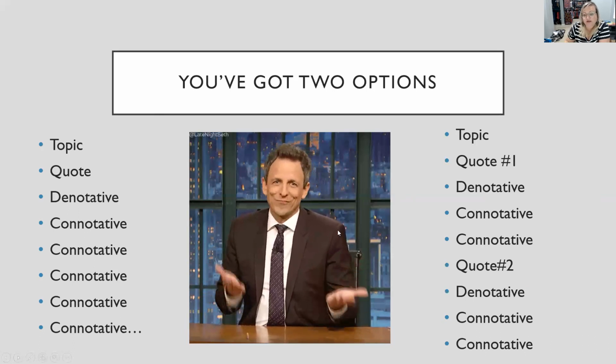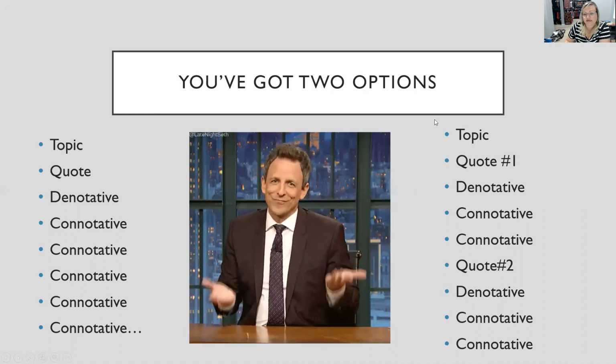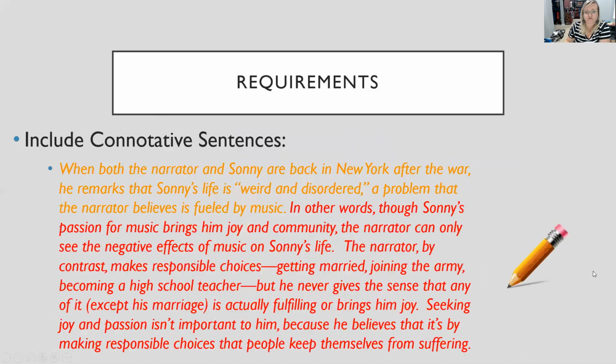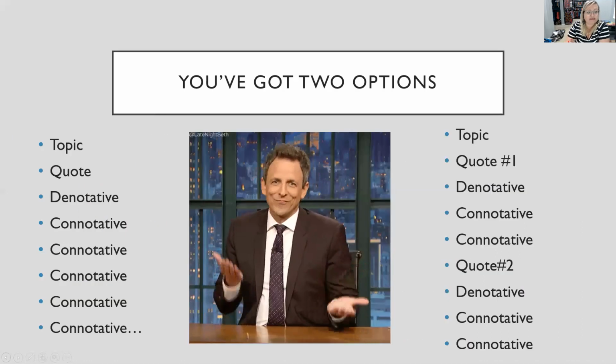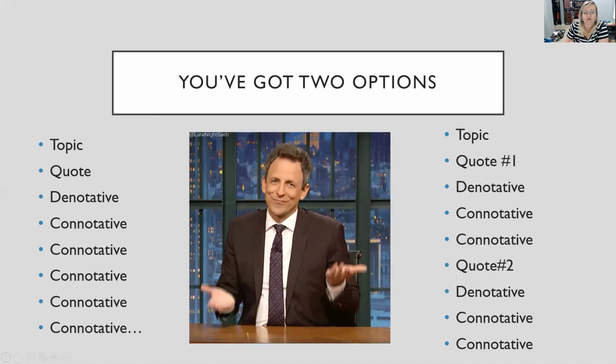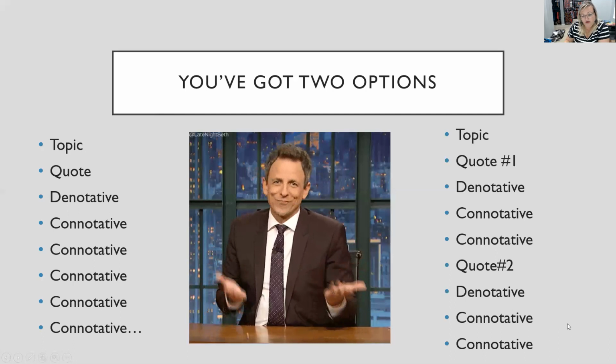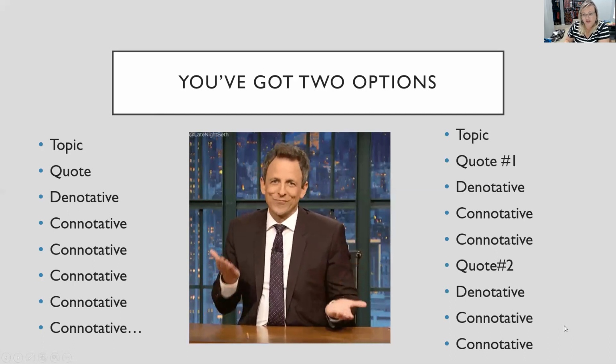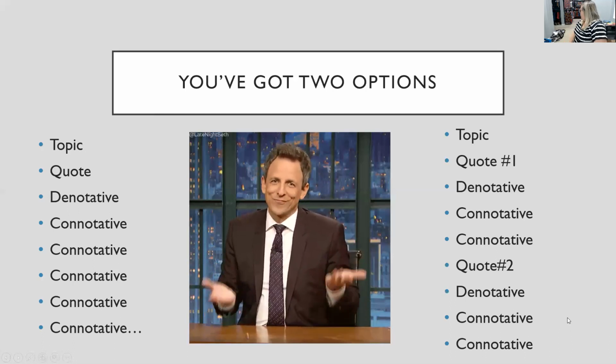Now, please note that if you do this format, both of these quotes obviously need to support the topic. They wouldn't be 2 separate ideas. So on the handout that I've given you, you can see that there is a template for this type of paragraph here on the left, and there's a template on the other side for the paragraph on the right. And so you can choose whichever one you would like.